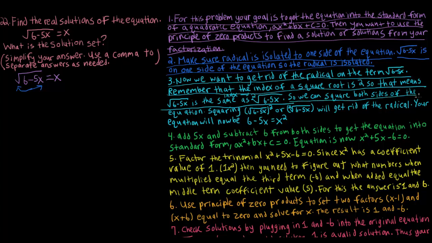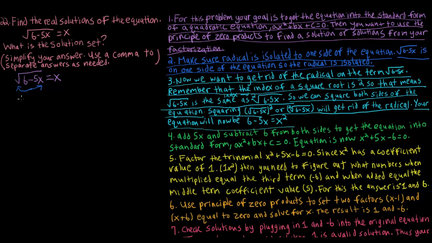So we can square both sides of the equation. Squaring the square root of 6 minus 5x will get rid of the radical. Your equation will now be 6 minus 5x equals x squared.